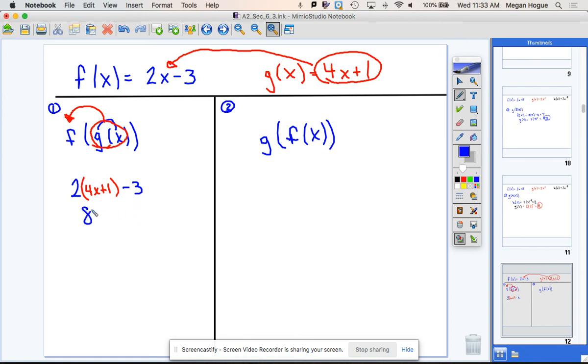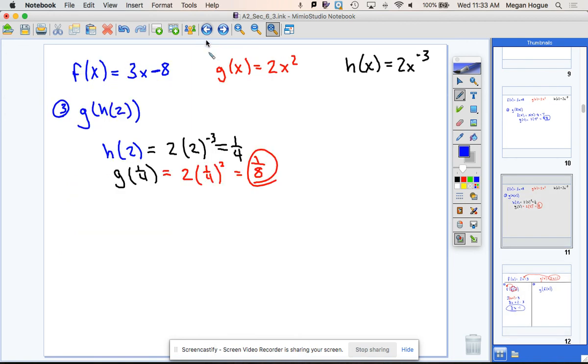So we're going to get 8x plus 2 minus 3. And so 8x minus 1. Again, we won't see those in our homework until after spring break. The ones in your homework that are function notation or composition functions are going to have numbers in there.